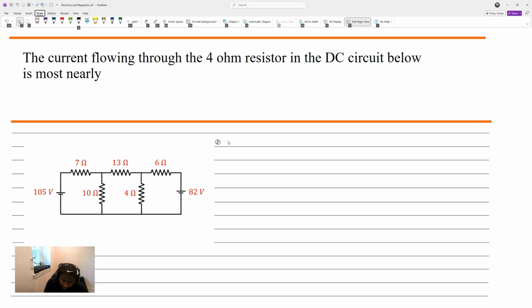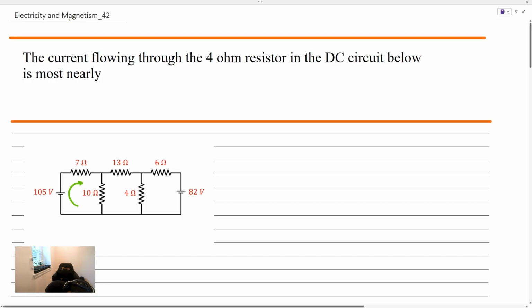Standardizes it, right? All you do to apply mesh current is you label these loops, loop 1, loop 2, and loop 3. Once you have your 3 loops labeled, all you're going to do is apply Kirchhoff's voltage law and Ohm's law to the entire system.